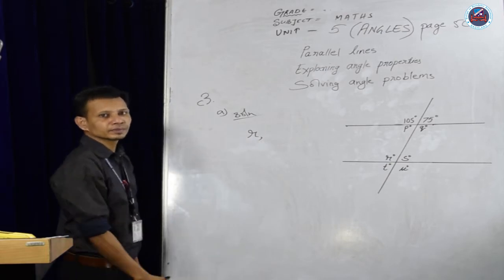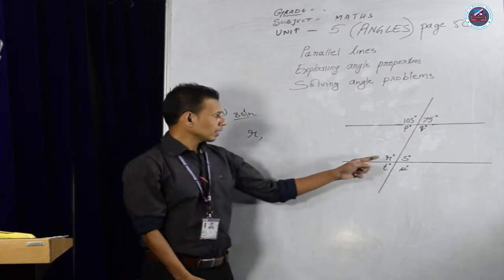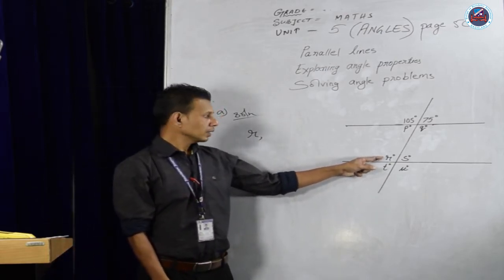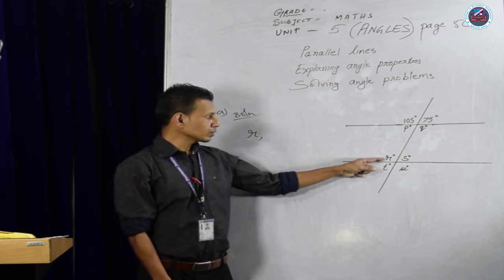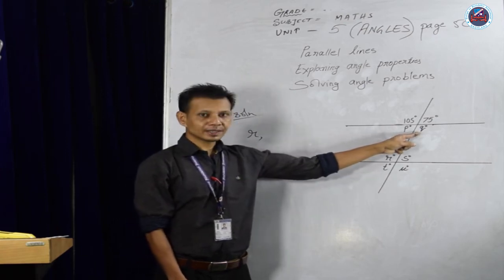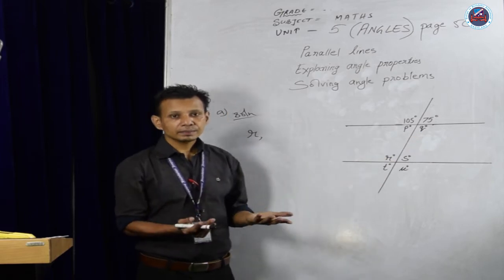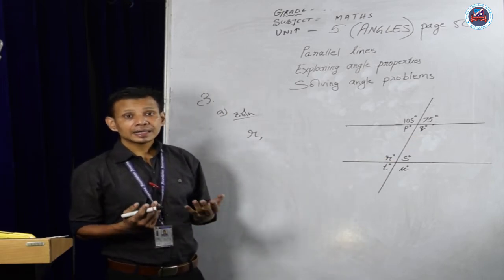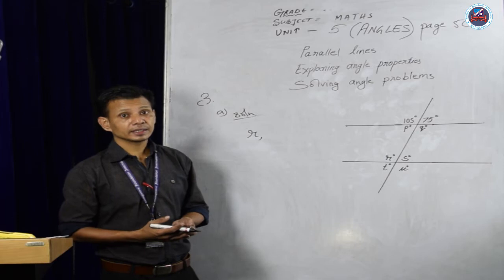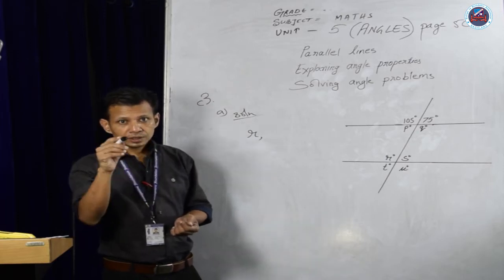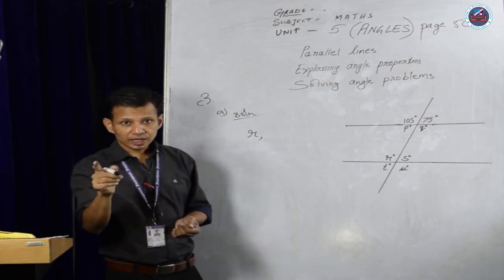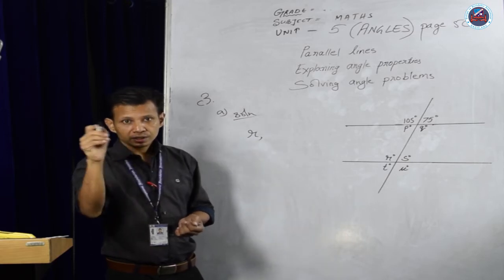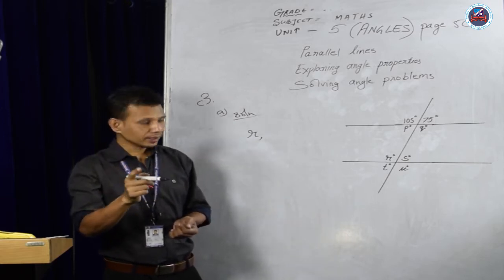Now, R we got it. When you look at this diagram, you see that R and Q are same. How same? They are alternate angles. If Z shape, alternate angle; corresponding angle, F shape. I gave you in my PPT, right? You see that?